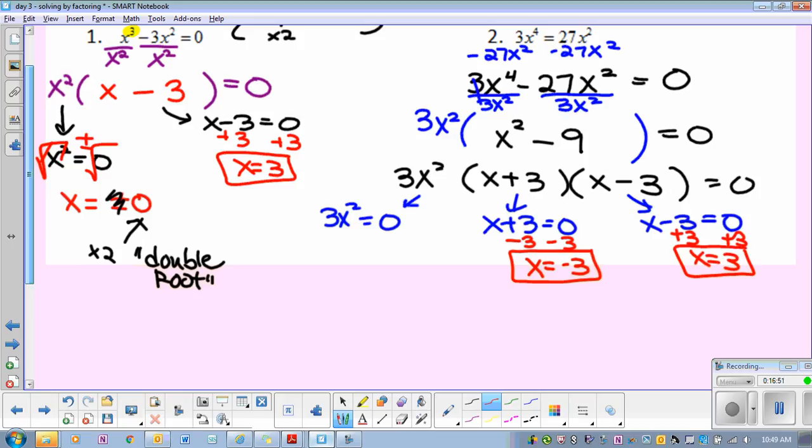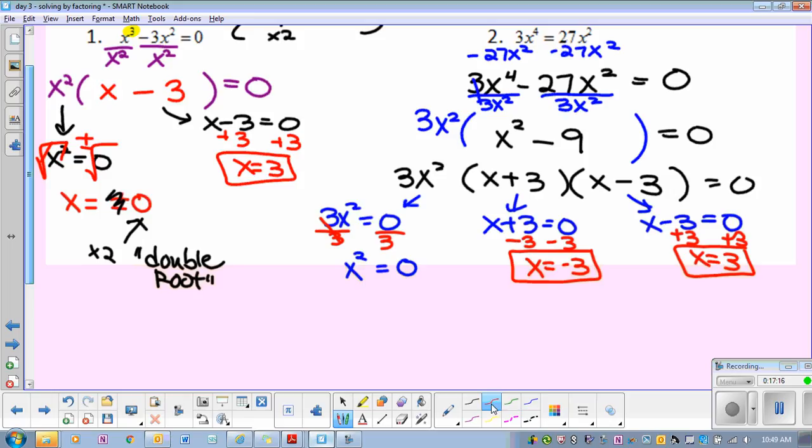Now, let's look at this first one, the one all the way over on the left. How do I solve for this x? What do I need to do first? Divide by 3. Good. And then we have x squared equals 0. It's just like the first problem.